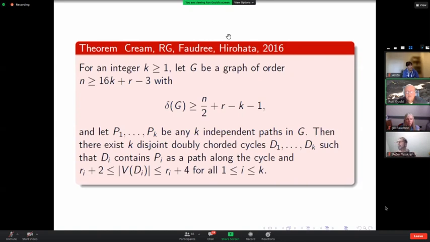So they're not all that much bigger than the path I forced onto the cycle. And again, this is really a function of the fact that this is a goodly sized minimum degree condition.